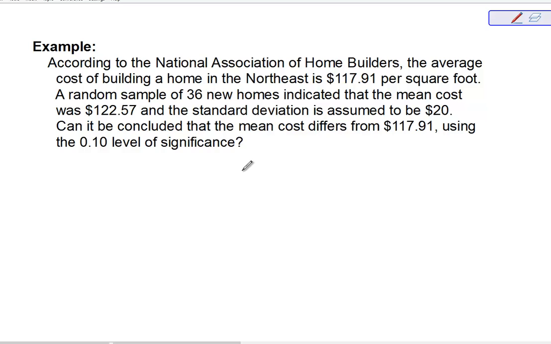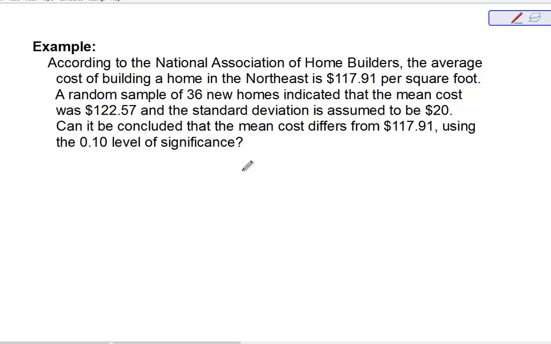A random sample of 36 new homes indicated that the mean cost was $122.57, and the standard deviation is assumed to be $20. Can it be concluded that the mean cost differs from $117.91 using the 0.10 level of significance?